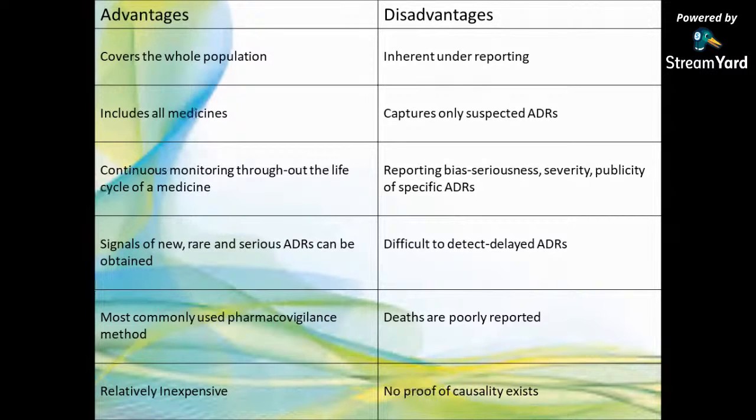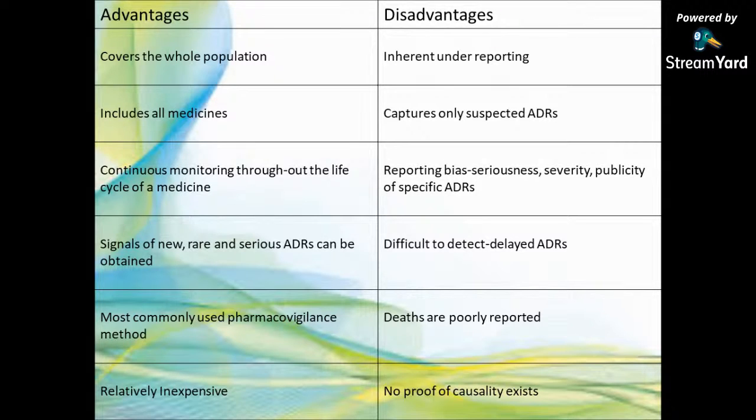So covering the whole population and all the medicines gives you more detailed information. Now, this spontaneous reporting is a continuous method which goes on throughout the life cycle of the medicine. Okay.